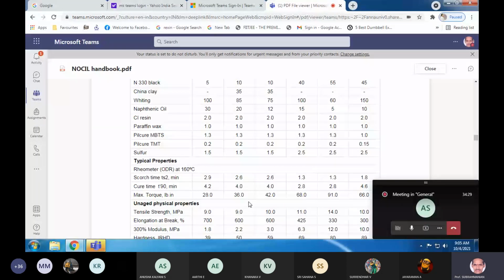We are quite familiar with the conventional. Listen very carefully, conventional cure will have sulfur of 2.5 and a sulfonamide of 0.6 or 0.8 phr, not more than that. 0.6 or 0.8 phr, right?